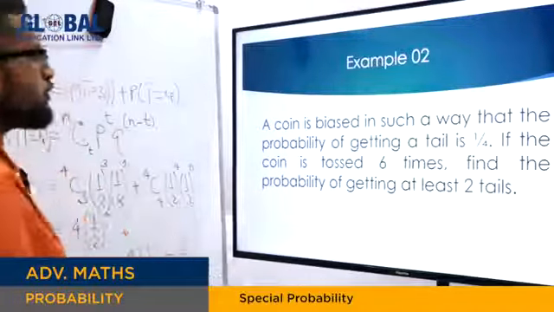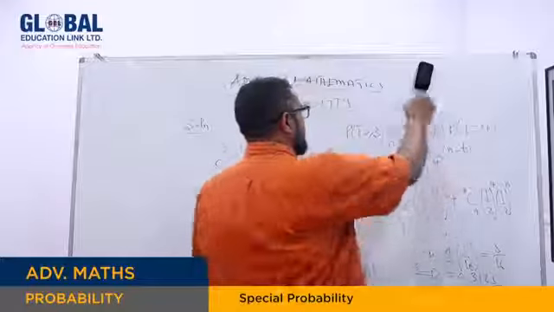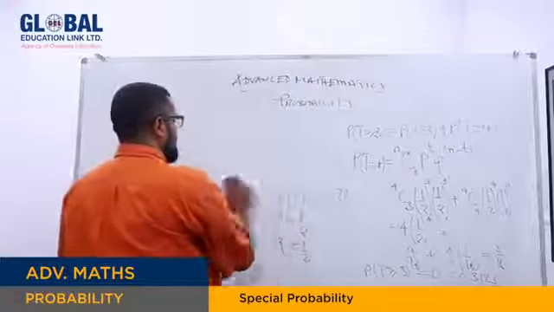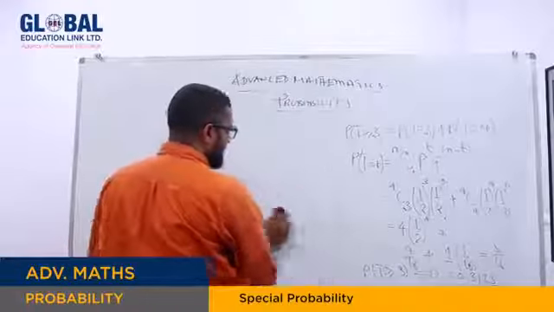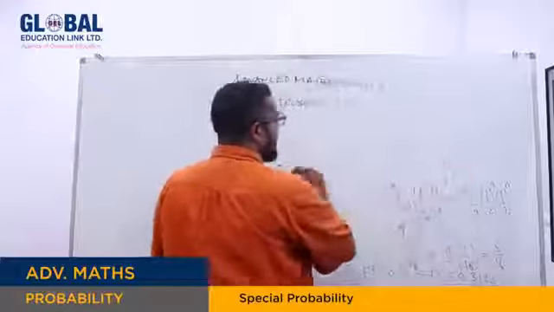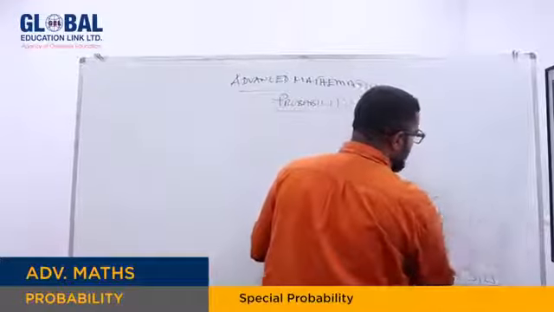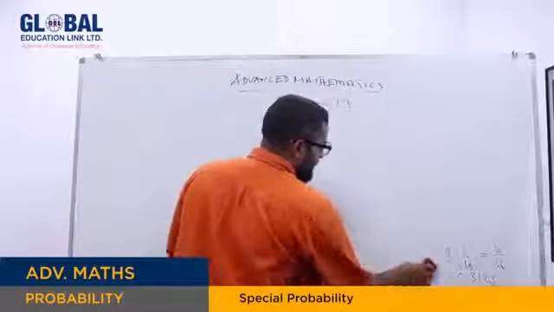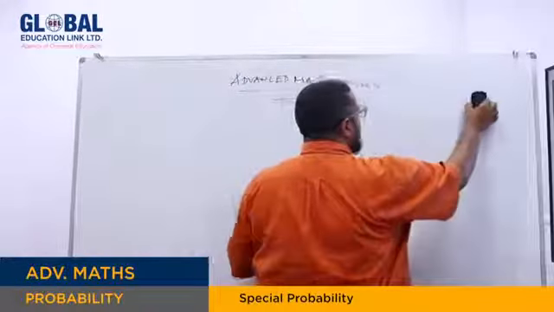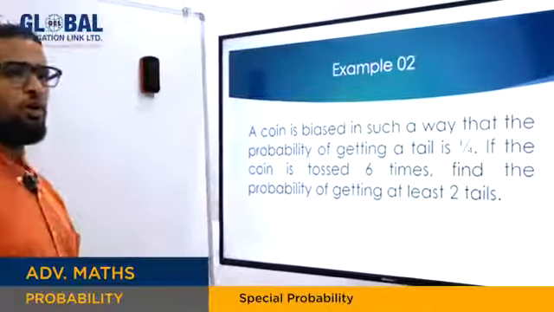A coin is biased. When you see this bias, it means it is not a normal coin. Now, how are we going to solve such a question? My dear student, let's go together. You need to know some terminology that is used when questions are constructed like that one. In the first example, we see just a normal coin, but in the second example, it is a biased one, meaning not a normal coin.